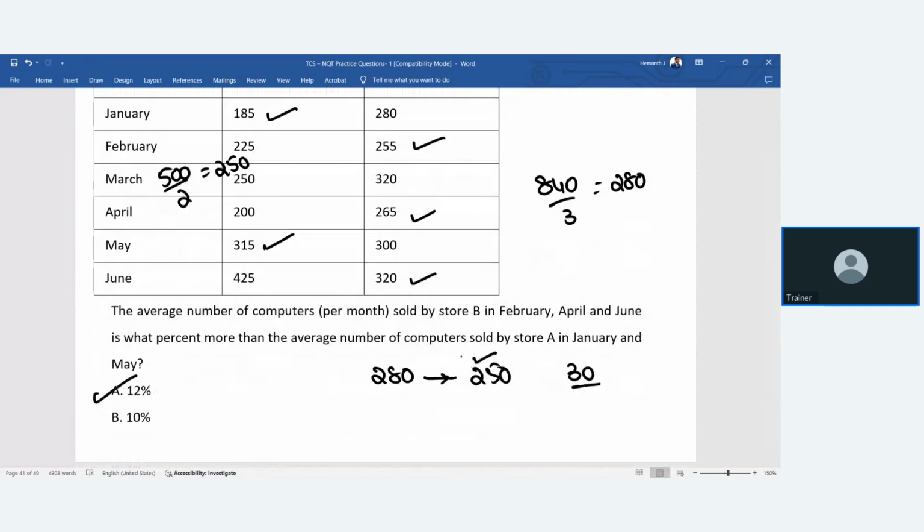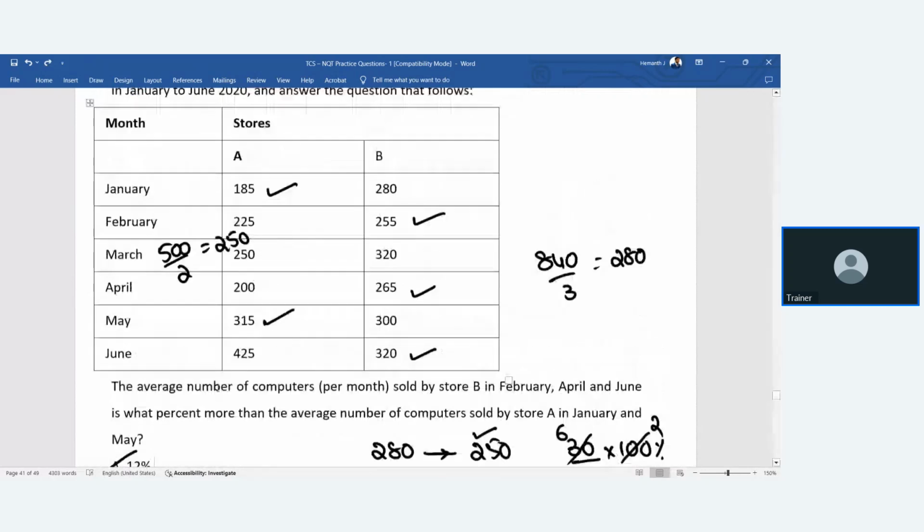We have to compare. We are comparing with respect to A. 12% is the answer. So check it out. Average of these 3, average of these 2, divided by 3 here, divided by 2.